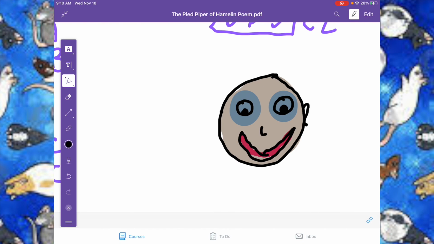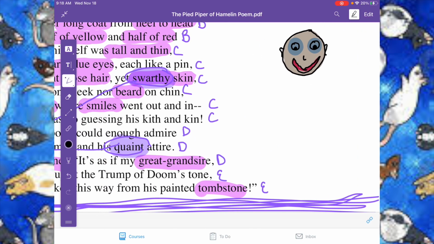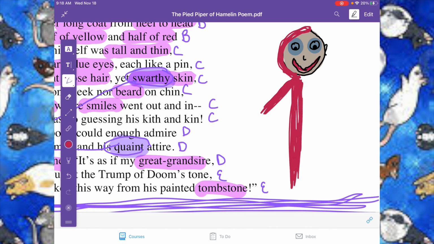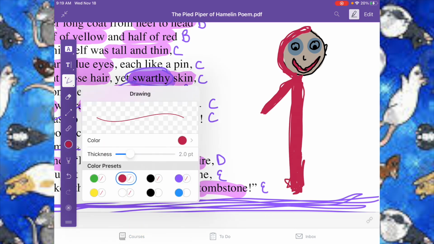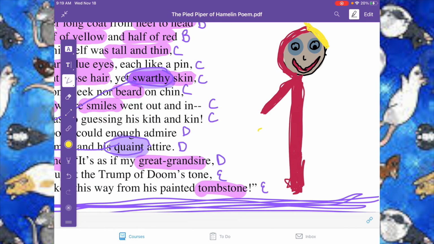Okay, no beard, nothing like that. So, we know that he is wearing a coat of half red, and he's very tall and thin, and this goes up over his head too because it says from heel to head. Oh my goodness. Okay, half red, the other half is yellow.